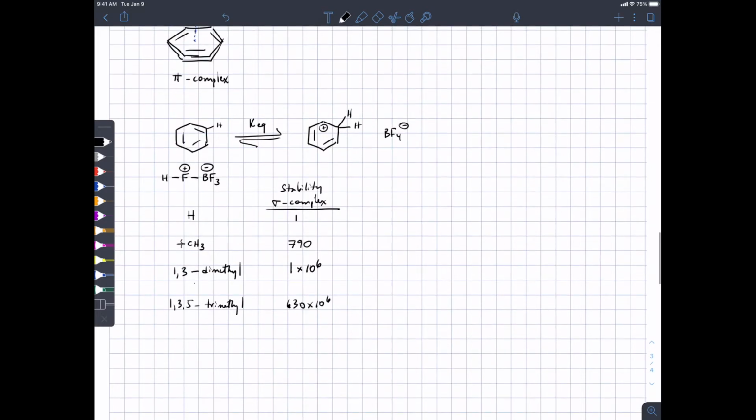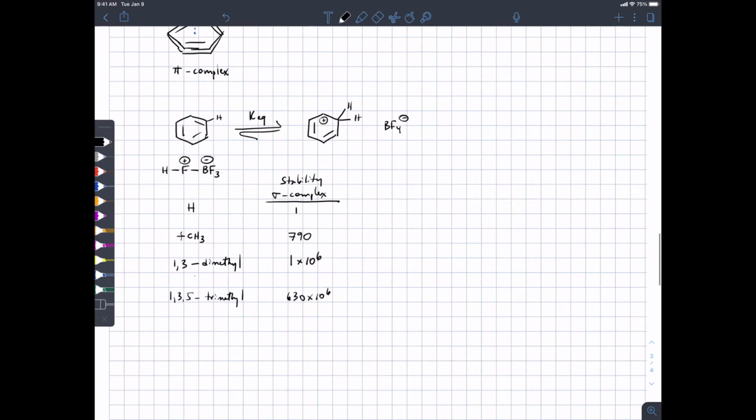The connection between this and the fact that the sigma complex is an intermediate in aromatic substitution reactions has to do with if you measure the rate of a given electrophilic aromatic substitution reaction, say bromination of the benzene ring. So we'll call this relative bromination rates.